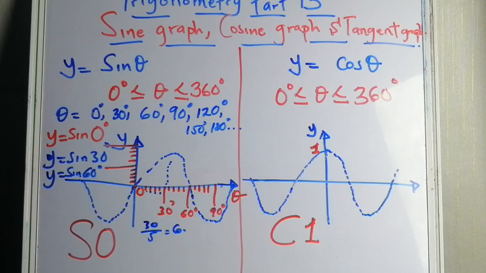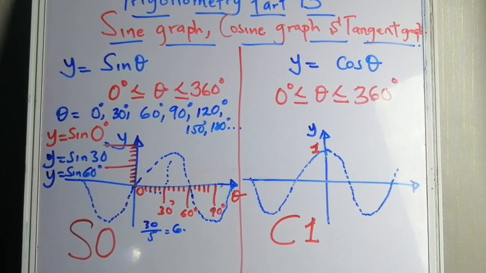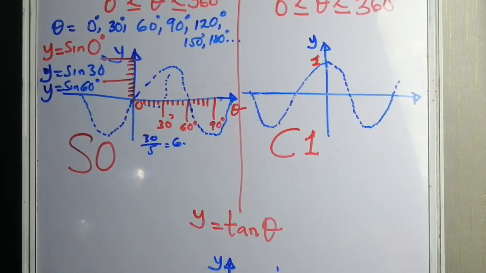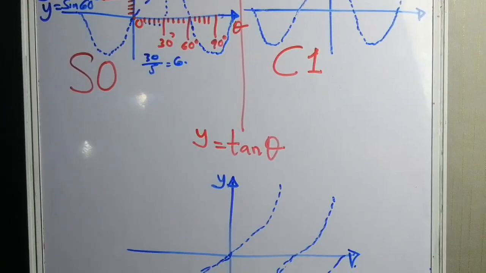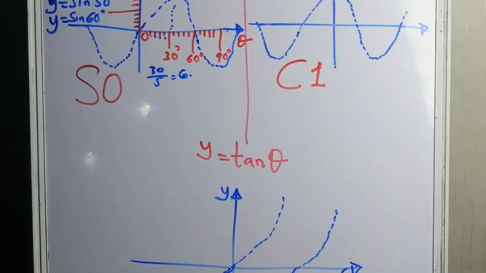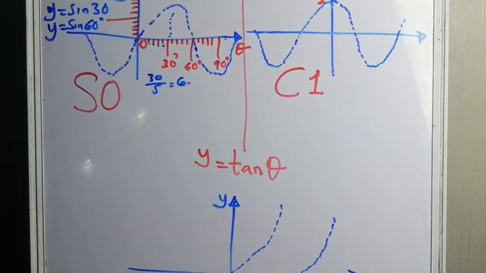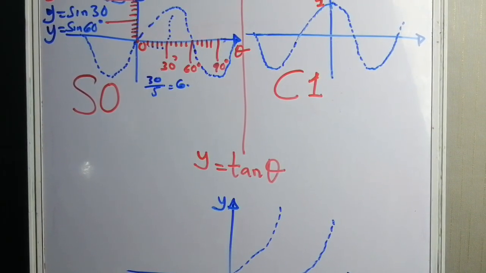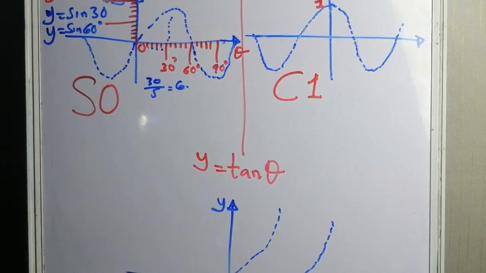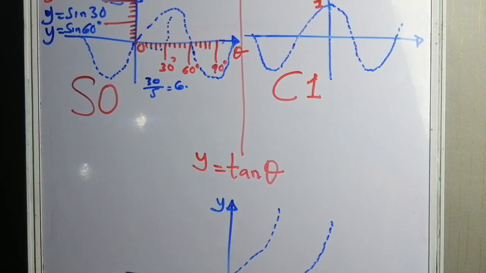So the same thing applies to tan theta. Okay? You can pick your value from 0 to 360. It can be 30-30 difference. It can be 20-20 difference. So let's assume I want to pick 20 difference.